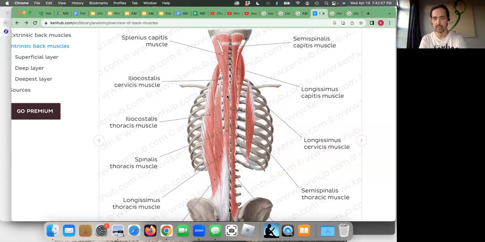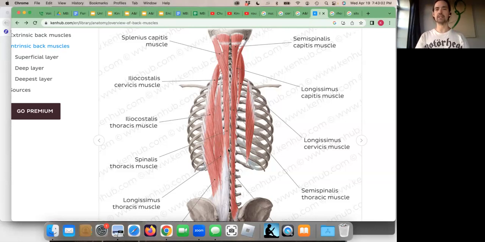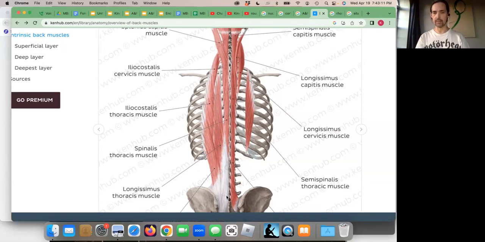So we got the S for the spinalis, and then next is the L, that's longissimus, right? So here it is, longissimus thoracis. It starts down here in the lumbar area, and they probably call this white part an aponeurosis, like a tendon, which means tendon. So you have the lumbar, sacral, and the ilium aponeurosis, and then those fibers extend up into the thoracic region.